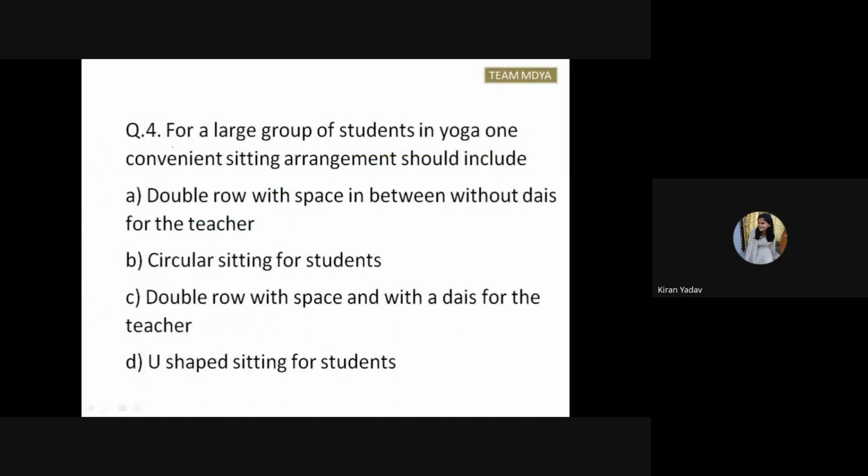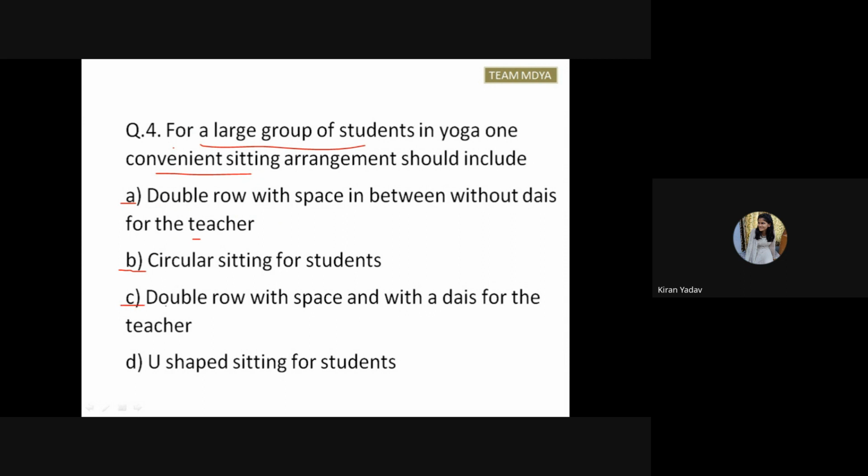For a large group of students in yoga, one convenient sitting arrangement should include: A, a double row with space in between without dais for the teacher. Second is circular sitting for students. So there is a large group.